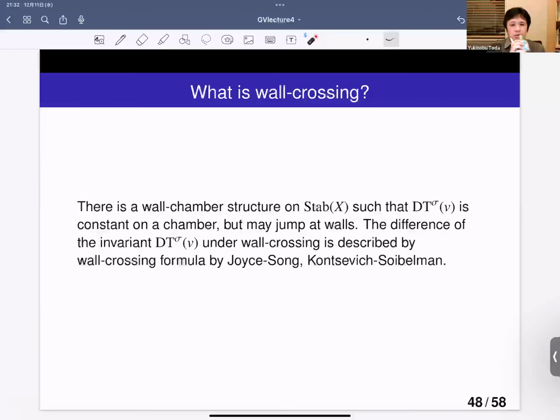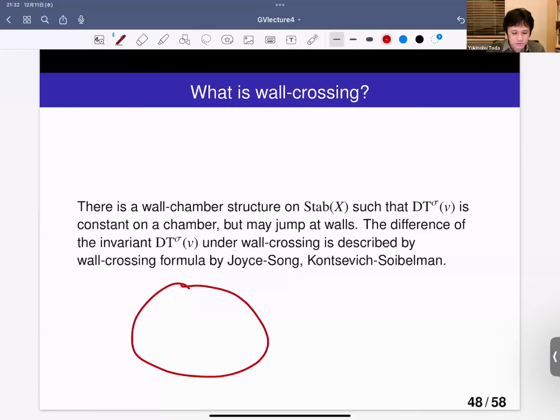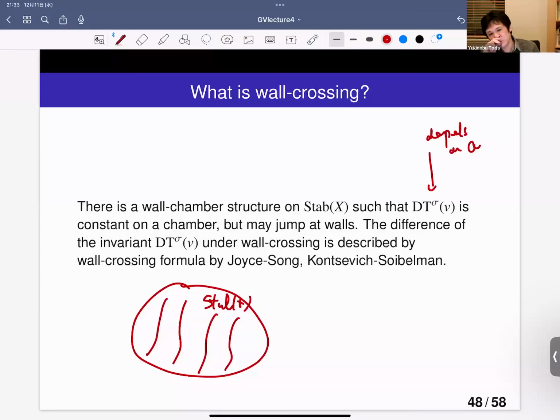So then I briefly explain wall-crossing. We have the space of stability conditions, and there is a so-called wall and chamber structure, such that each DT invariant is constant on each chamber. In fact, this invariant depends on the choice of sigma, and wall-crossing describes how they depend on sigma.